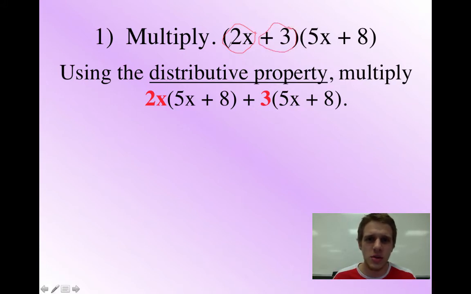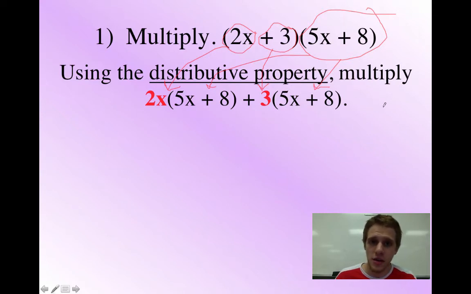Split those up, so the 2x is going to come right down here, the 3 is going to come right down here, and we're going to multiply each of those by this entire parentheses. So the 2x is going to be multiplied by the 5x and the 8, and the 3 is also going to be multiplied by the 5x and the 8.